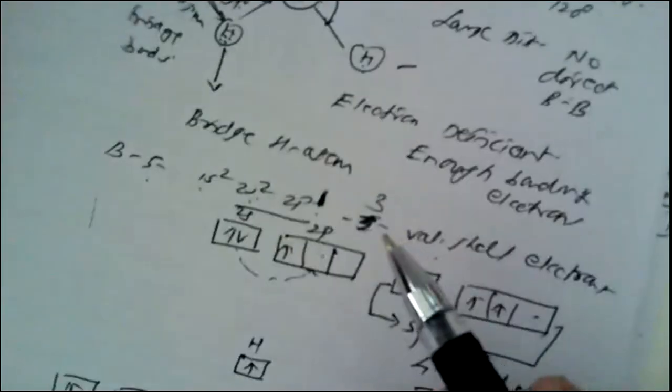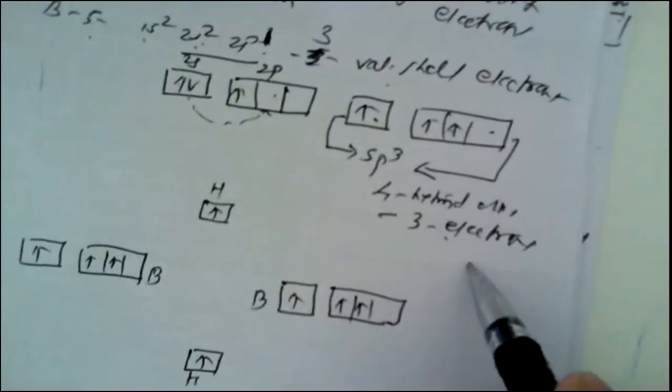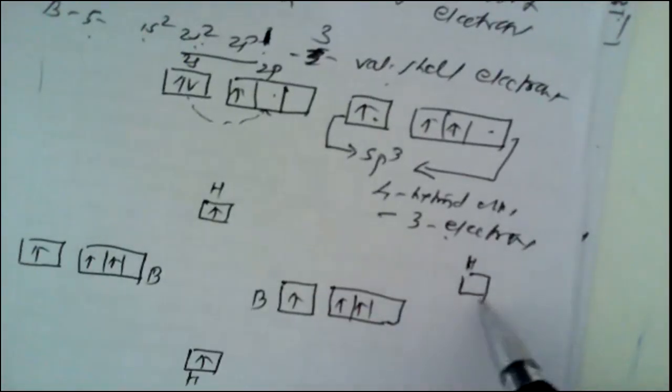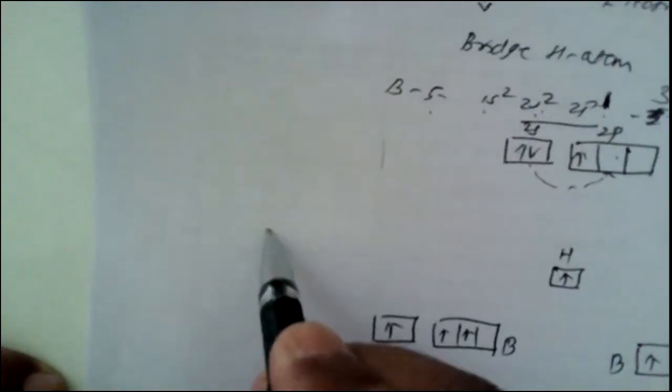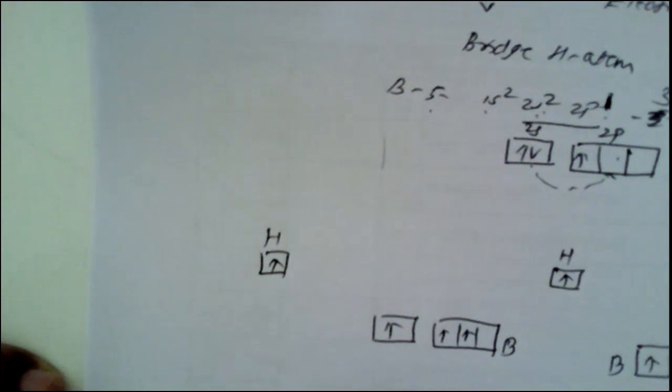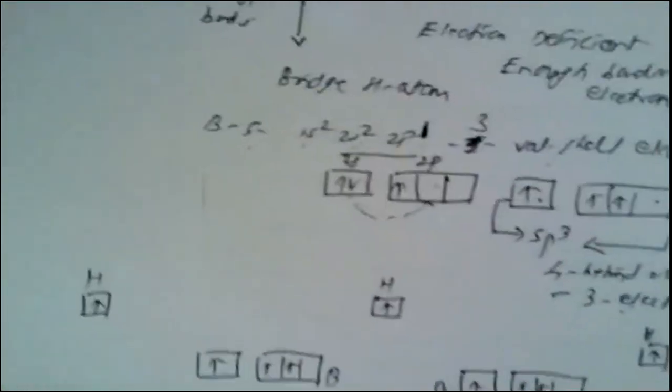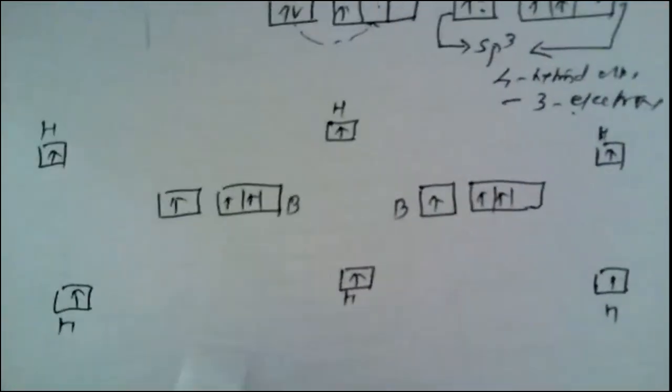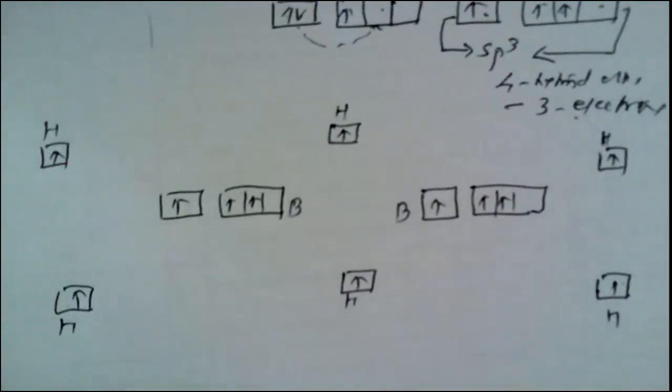So these are the 4 terminal hydrogen atoms. They also contribute their 1s electrons like this. And here for this boron, again 1s electrons. For this hydrogen, this is a 1s electron. So this is the electron structure for this diborane.